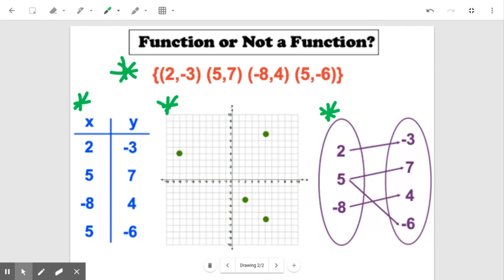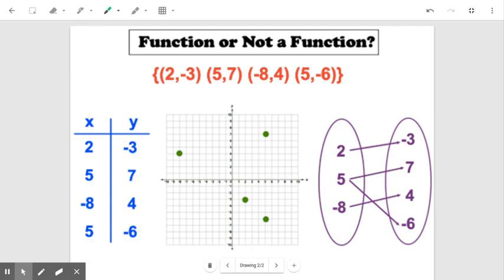They all have a 5, 7, a -8, 4, and a 5, -6. So basically I took this one relation and showed you all four representations. I want to start with the first method, kind of looking at the numbers.